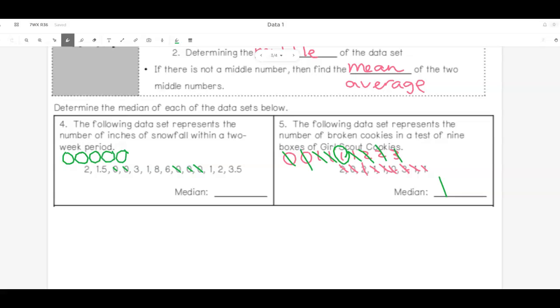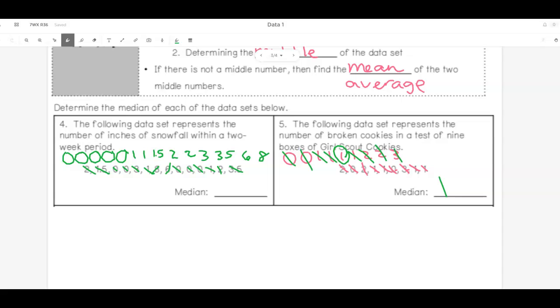Then I'm going to see how many ones I have. 1, 2. Then, I have a 1.5. And let's see, I got 2 2s. I have a 3. I have a 3.5. I have a 6 and an 8.